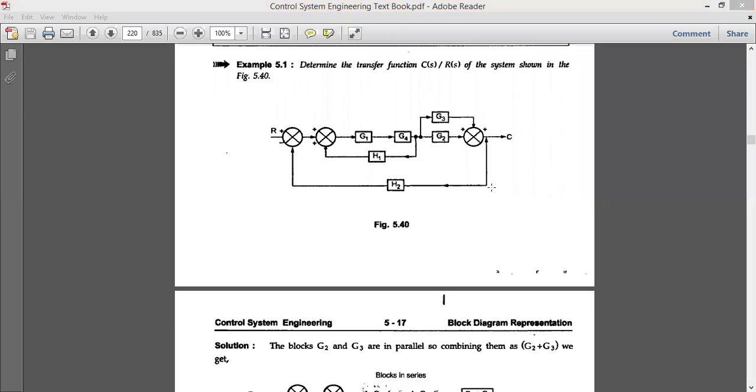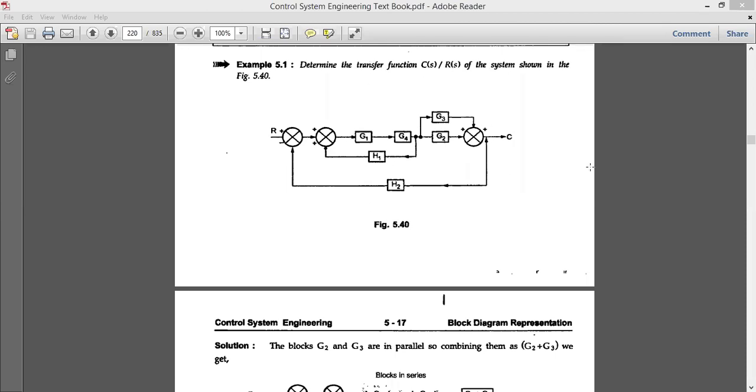The whole textbook will act as notes for you, a guidance to solve problems for the complete 5 modules or 8 units. Let us consider another example of a given block diagram. Our question is to determine the transfer function C(s) divided by R(s) for the given figure.